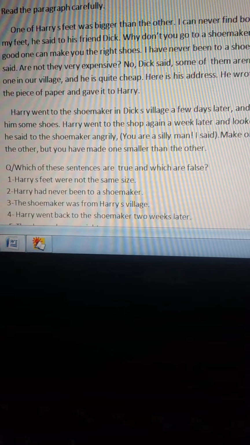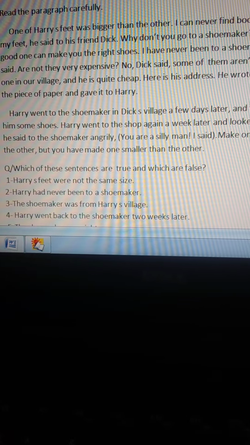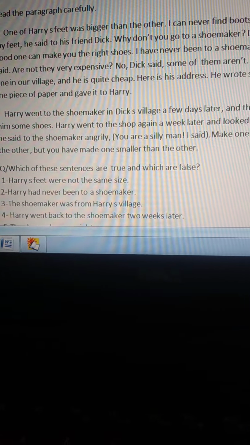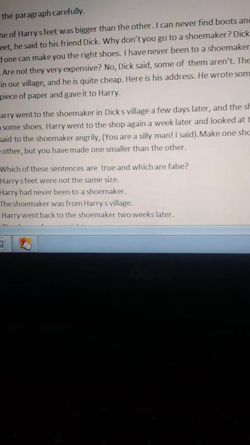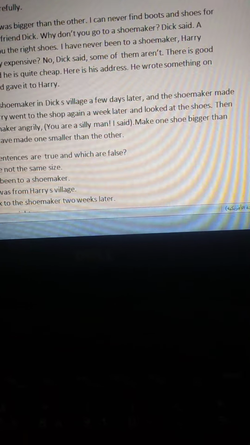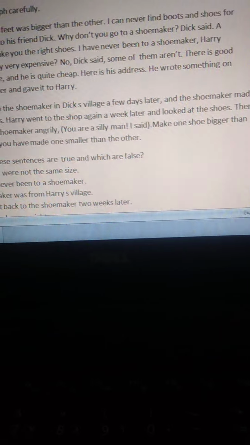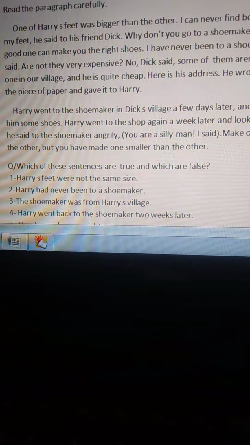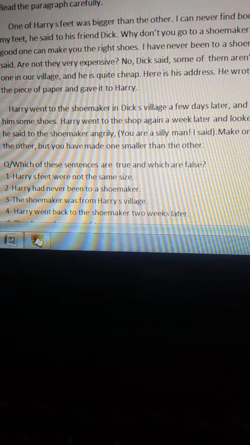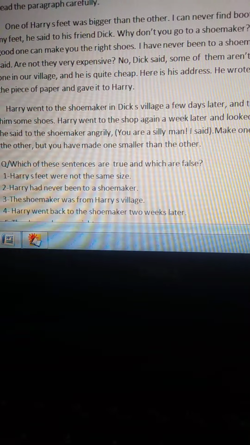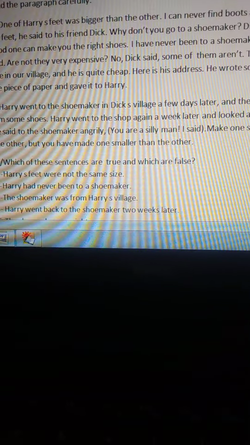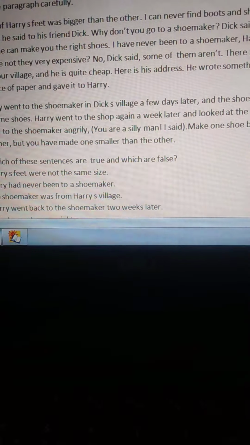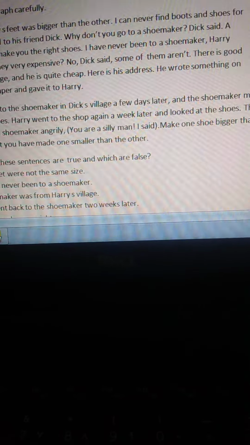Harry went to the shoemaker in Dick's village a few days later, and the shoemaker made him some shoes. Harry went to the shop again a week later and looked at the shoes.